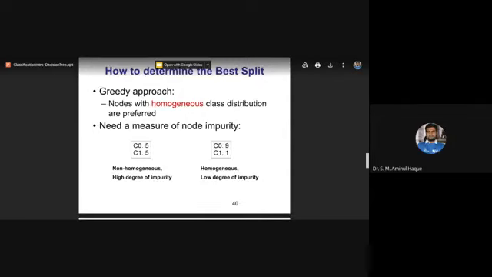How many levels? 2 levels, for example, class 0 and class 1. Now, imagine class 0 has 5 samples and class 1 has 5 samples. If the scenario is like this, we can term this data set as a heterogeneous data set.